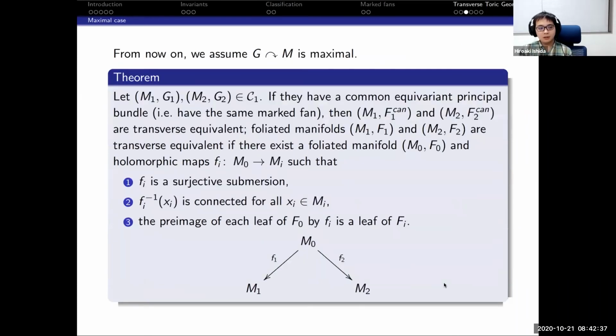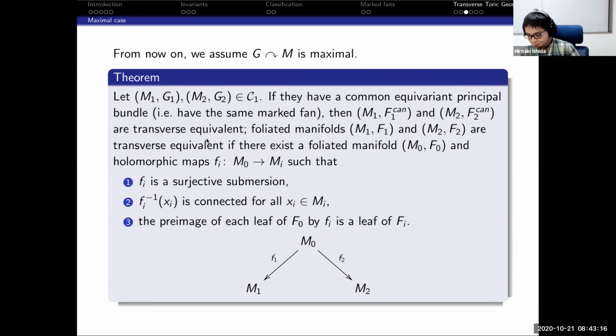So now we restrict our attention to the case of complex manifolds with maximal torus actions. Suppose we have two complex manifolds with maximal torus actions. If they have a common equivariant principal bundle, namely, as I said, if they have the same marked fan, then we can say that these foliated manifolds are transversely equivalent.